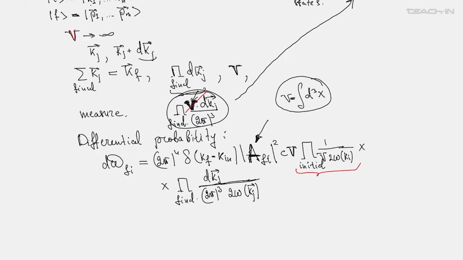Then the quantities which are related to the way we would like to measure, to perceive these quantities in our devices, are why there appear such factors related to the phase space measure of, say, outgoing particles. About the incoming particles, I will also say something, but a little bit later.